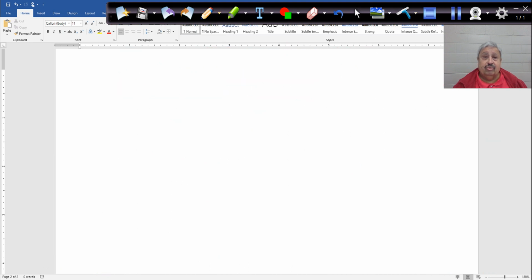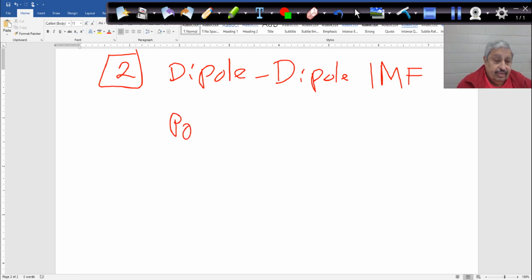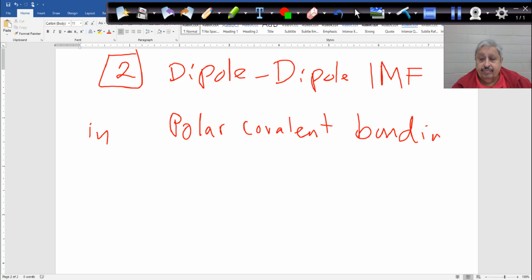That second one is called the dipole intermolecular forces, IMF. Okay, so what's happened is, if I have polar covalent bonding, I have here, for example, hydrochloric acid.